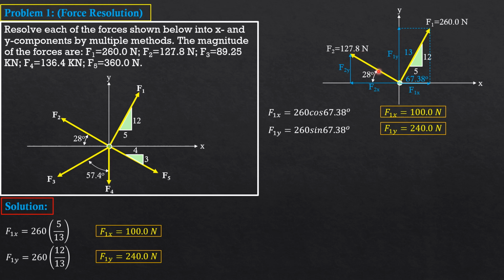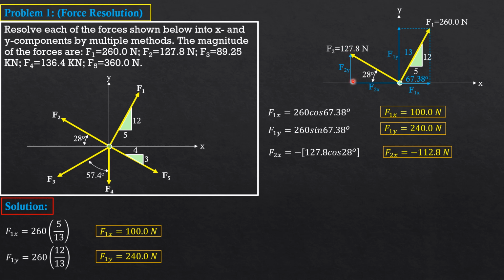It is adjacent, so cosine of 28. So it is negative. The negative sign is anticipated because F2x is in the negative direction. So negative 127.8 cosine of 28. So F2x is negative 112.8 newtons.